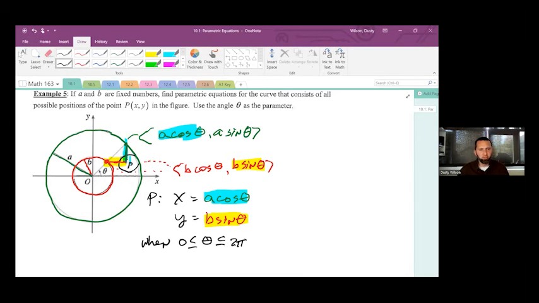Actually, let's graph this thing to see what it looks like. So suppose that we graph this with our A value equal to 5, that's the outside radius, and our B value equal to 2. There's our inside radius. That should give us something interesting to help us get a feel for what this shape looks like.